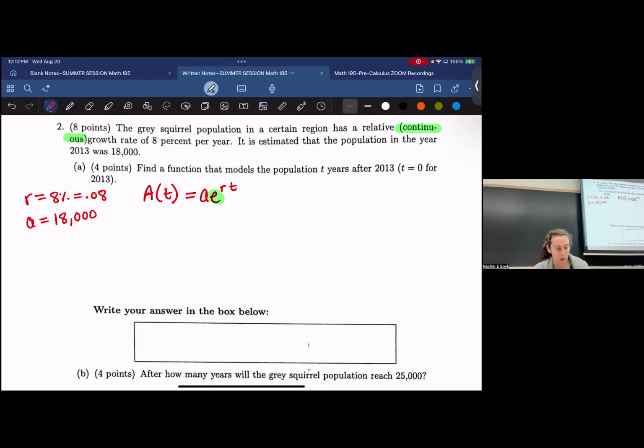So we're just plugging in what we wrote off to the side here, what our growth rate is, and then what our initial squirrel population is. And then once you do that, that's your result. A of t is equal to 18,000 times e raised to the 0.08 t. And we're done.